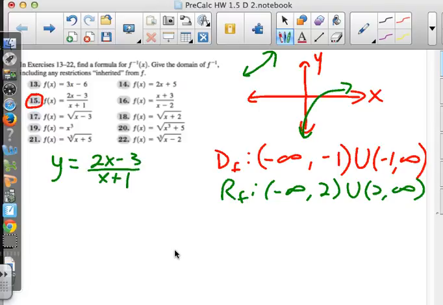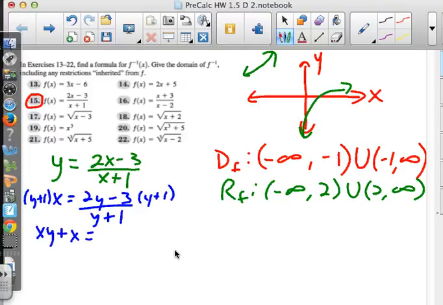So what we have to do is switch the x and the y and then solve for y. So what we'll need to do is get that y plus 1 out of the denominator by multiplying both sides by y plus 1. So xy plus x equals 2y minus 3, because these two y plus 1 would cancel out.